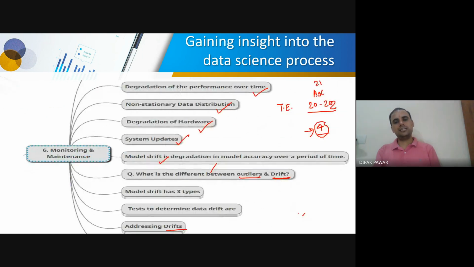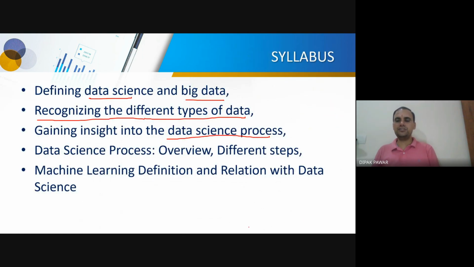Now we'll move toward the last part of this unit, which is the machine learning definition and its relation with data science. So what is machine learning? This is an important word. Up to this point, in software, we have a structure like this. We provide an input, then we have a certain program, and based on that we get an output.